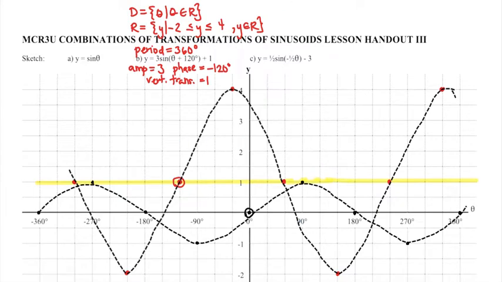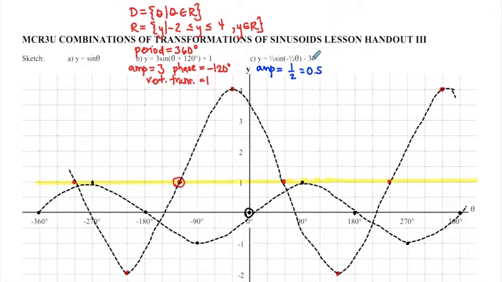Next, we'll take a look at part C. We have an amplitude of 1/2. You can either keep it as a fraction or write it as a decimal number, whatever is easier for you to wrap your head around.